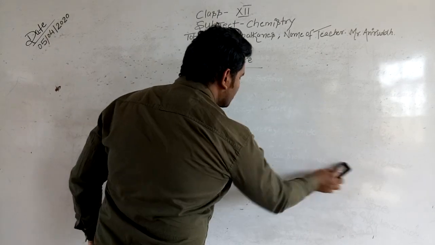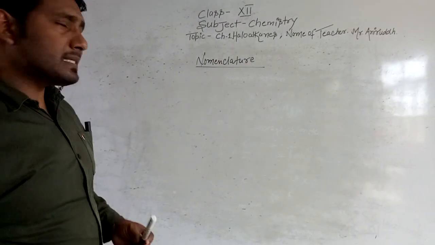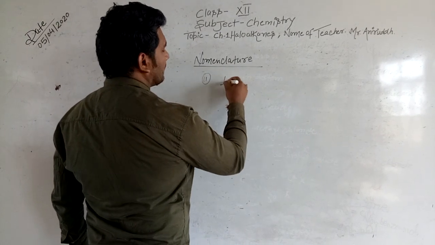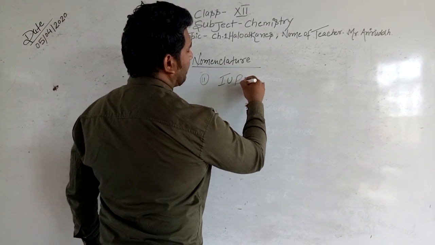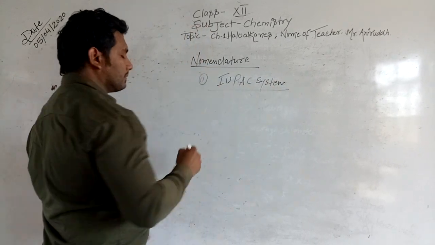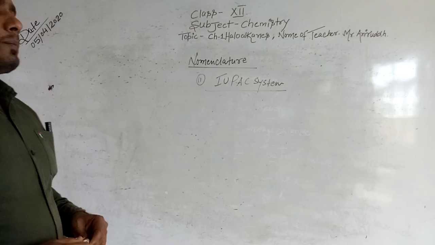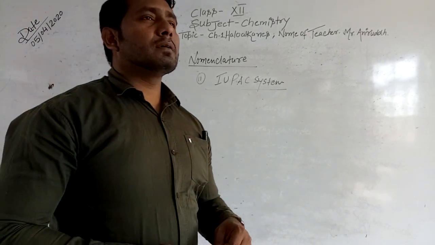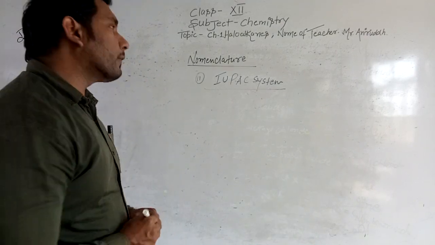The main system for writing the permanent name is the IUPAC system. As per the IUPAC system, we write the permanent name as per the number of carbons, the root chain or the root word.